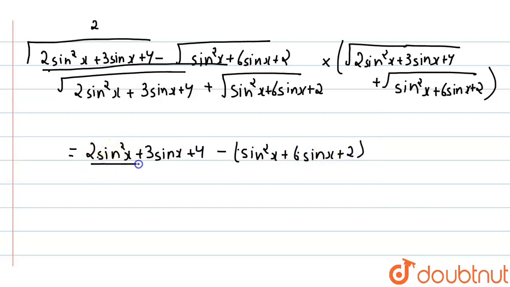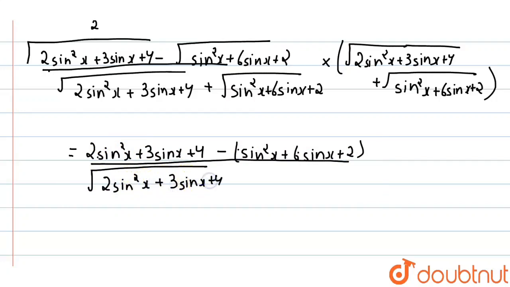And in the denominator we get the root part, under root 2 sin squared x plus 3 sin x plus 4 plus root under sin squared x plus 6 sin x plus 2.